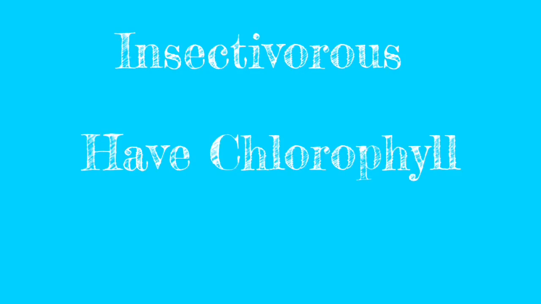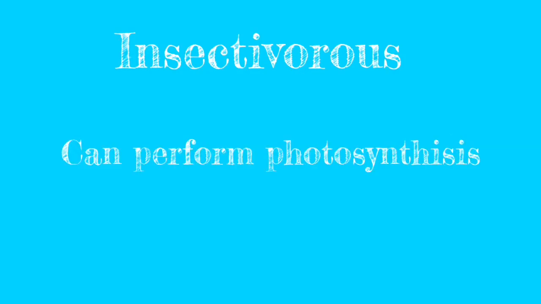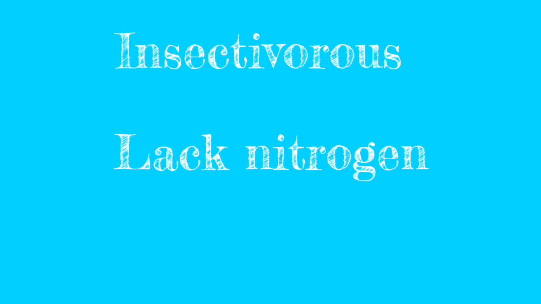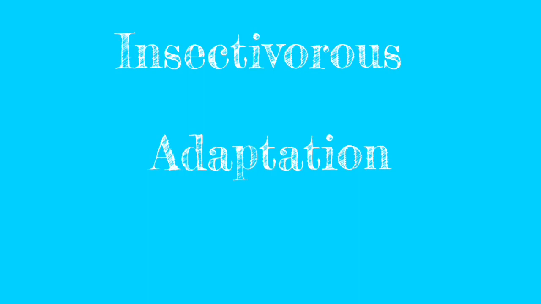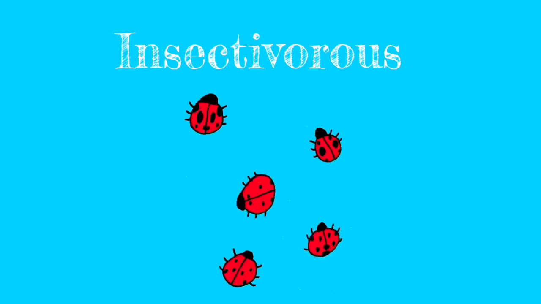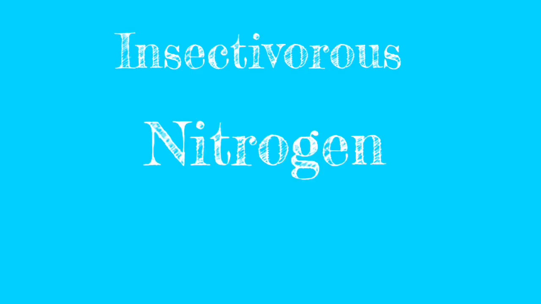So yes, they have chlorophyll, they can perform photosynthesis, but they will not grow as well because they lack nitrogen. Therefore, due to many adaptations and evolutions taking place, they feed on insects, and these insects provide them nutrients such as nitrogen. So such plants are called insectivorous plants.